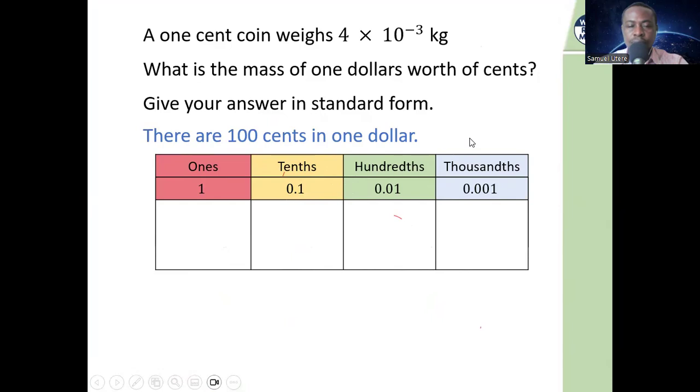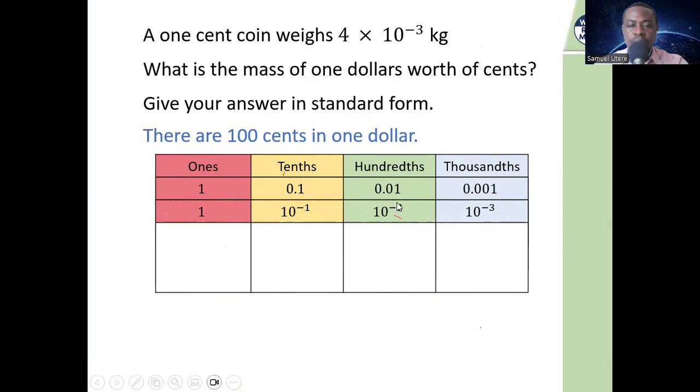So thousandths, hundredths, tenths, and ones. And then if we write them in standard form, this is what we'll get. So you know the pattern by now. It's not a challenge for you to write from this to that, okay? From ordinary number to standard form.